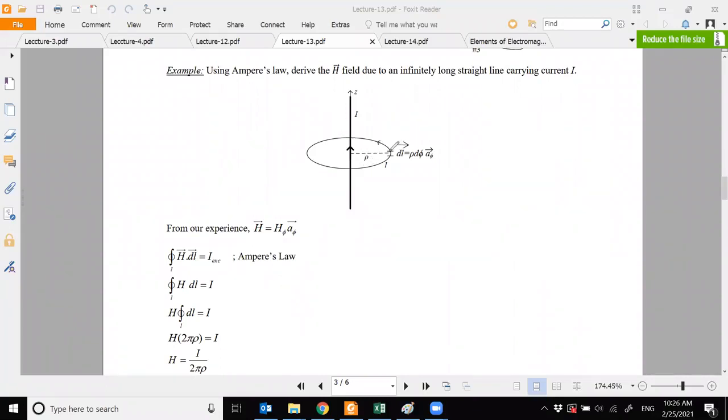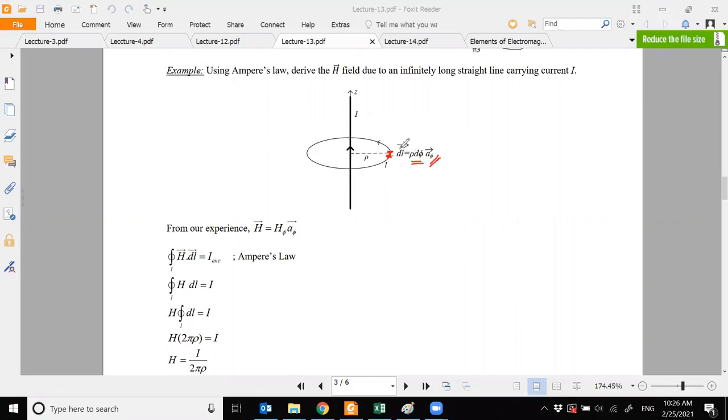Now I'm finding a small elemental length of this Amperean loop, because I need to do the closed line integration. I'm defining this as dl, and because I'm using cylindrical coordinates, this small length will be rho d phi, and since we have to identify the direction we are going to move, it is rho d phi a phi.